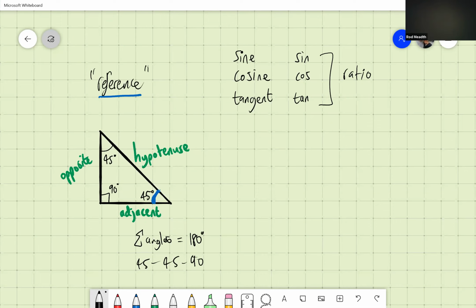A ratio is like saying 2 to 1 or 3 to 5 or things like that. If you are into TVs and media, your TV might have a 16 to 9 ratio. It's talking about the ratio of the length to the width, or the ratio of blue marbles to red marbles, or whatever it is. But those are what ratios are, and I think you know about that.